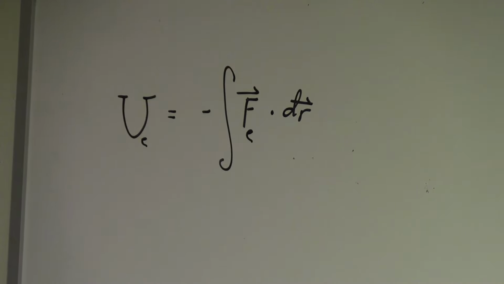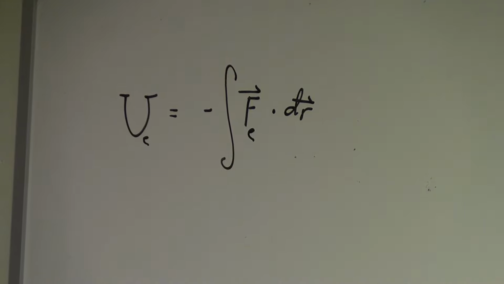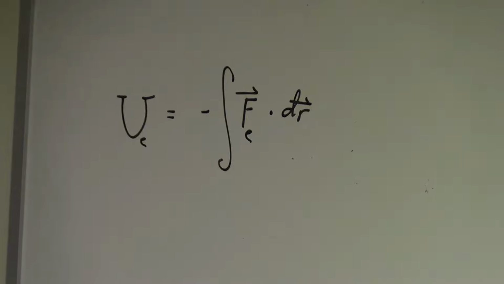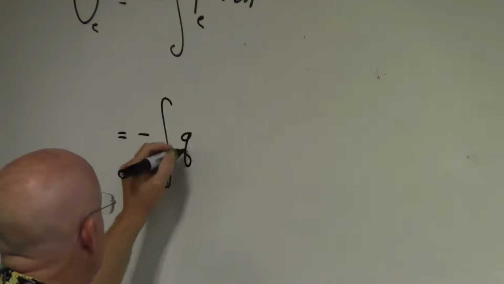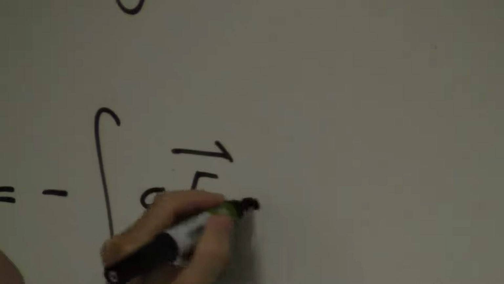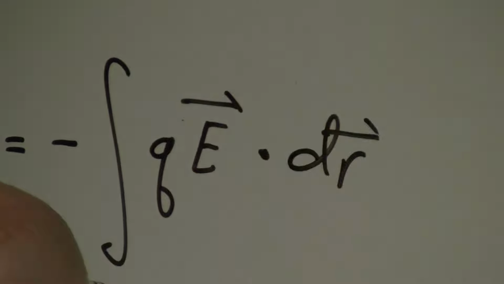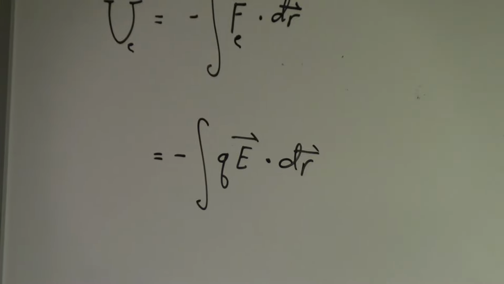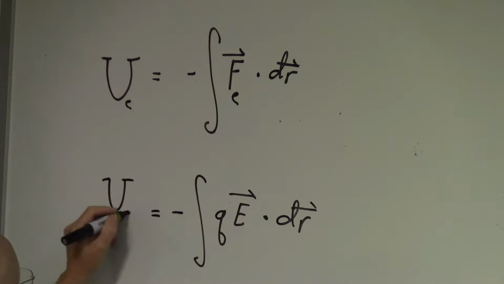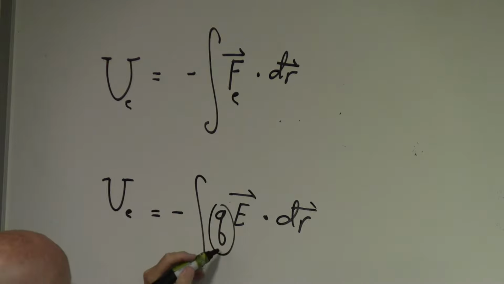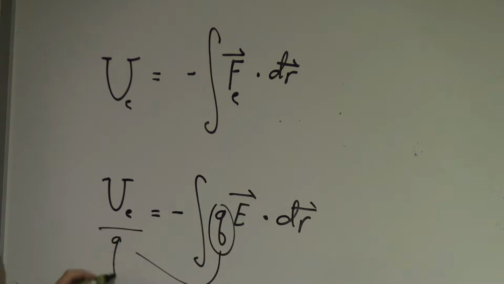Another thing you'll see in the lecture and the reading is, don't confuse electric potential energy with electric potential. Let me take one more step here. Let me replace the electric force with the electric field times its charge, and then let me move this over to the other side.